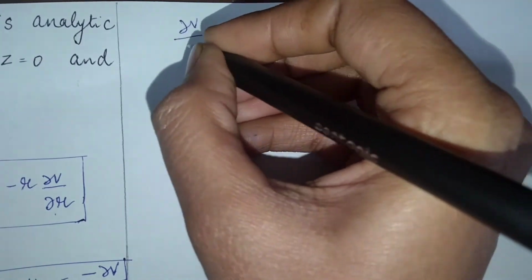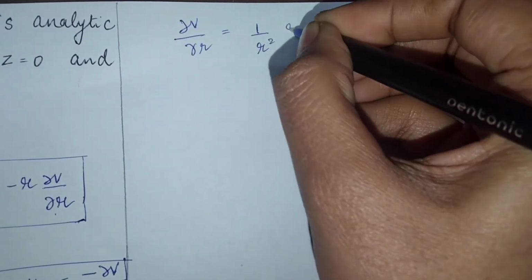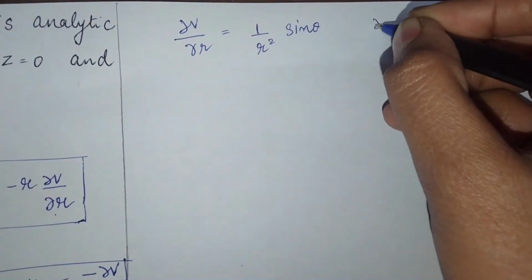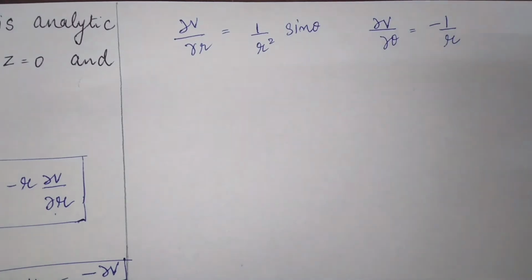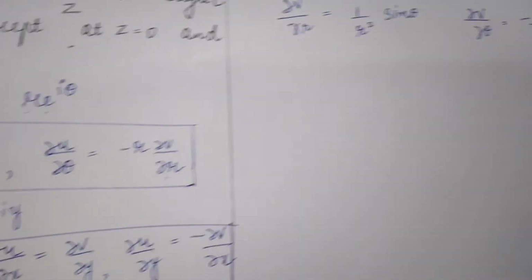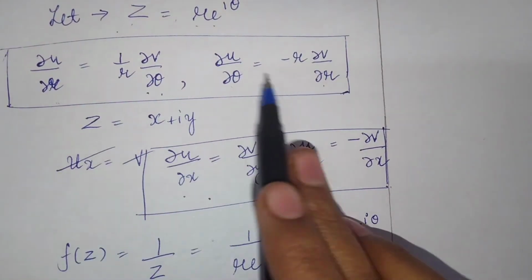Now for v, if we find, then we get del v by del r equal to 1 by r square sin theta, and del v by del theta is equal to minus 1 by r cos theta. Okay? Now we have got all four terms, so let us check the conditions.